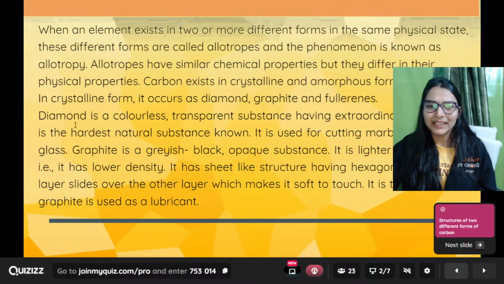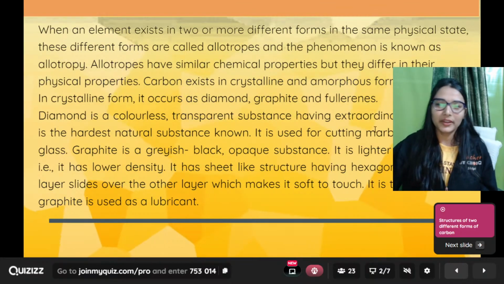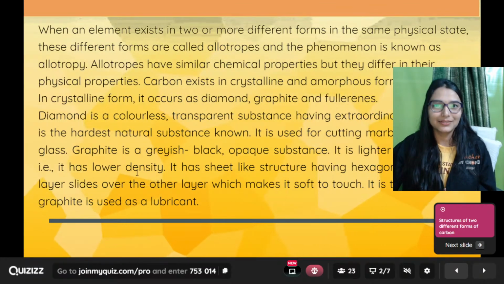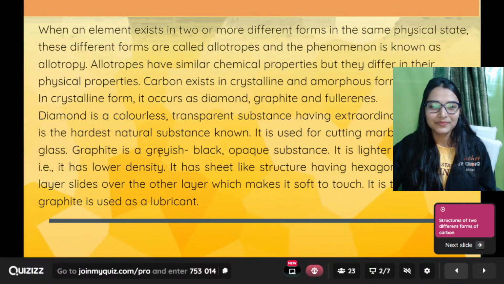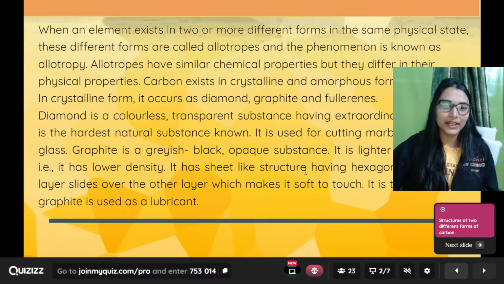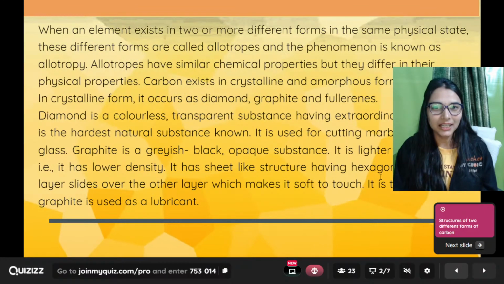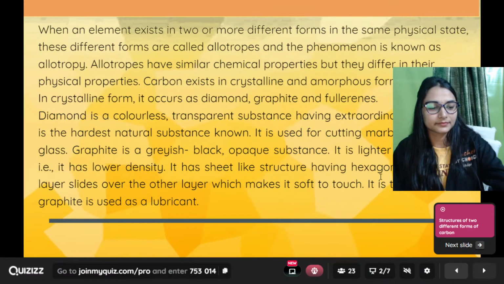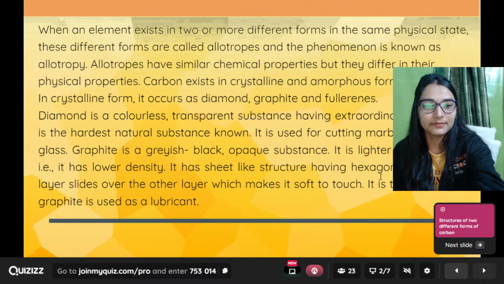They have explained that diamond is colorless, transparent, of extraordinary brilliance, we know that, and durable. Graphite is grayish black, opaque, lighter than diamond. It has lower density, a sheet-like structure, hexagonal layers. Read it and tell me when you are ready.